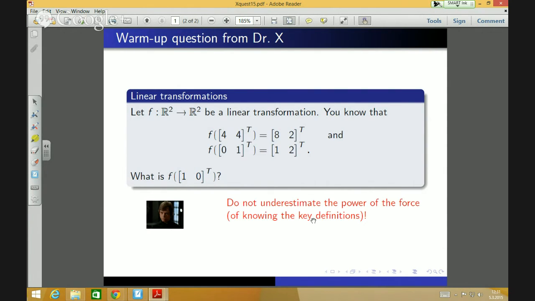The message is that, as Luke Skywalker would tell you, don't underestimate the power of the Force. And what is the Force here is knowing the basic definitions in the course. The only thing that you need to solve that exercise is to know what a linear function is. The rest is just logical thinking, which you can do because you're masters at that.